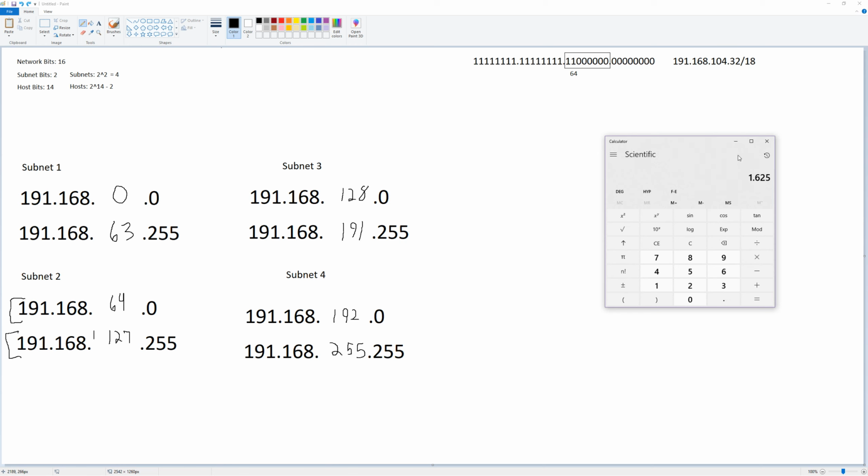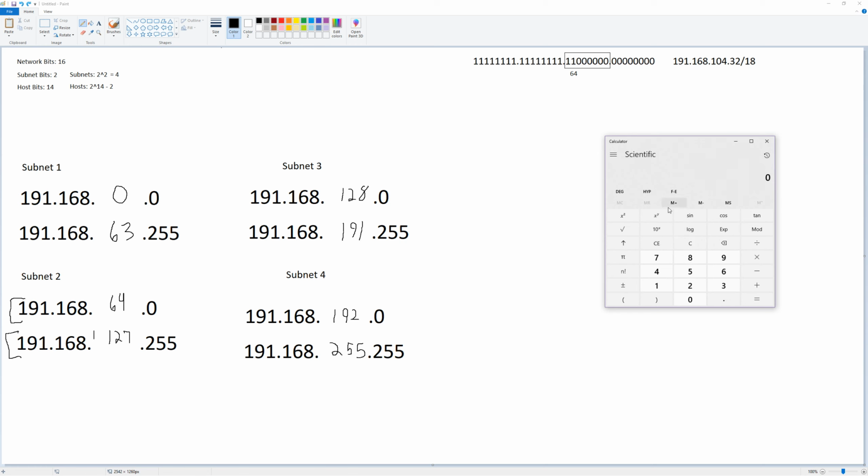That tells me that I am past the first subnet and I am into the second subnet. I am 0.625 into the second subnet. And so I took the floor of that, and I'll also take the ceiling of that. So I have a value of 1, and I will have a value of 2.